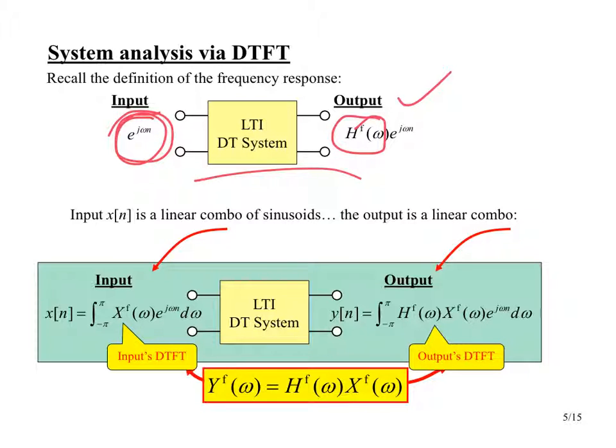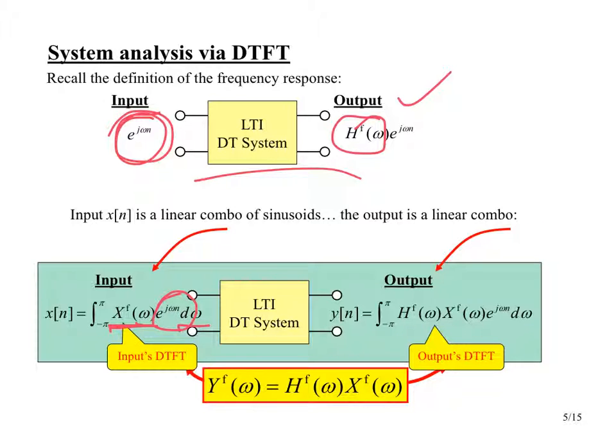And when we add up for all possible frequencies, we must add up over the continuum. So instead of summing up at specific discrete frequencies, we have to do an integral over the continuum. But it's really no different than just adding up a bunch of these things as functions of time for each individual frequency, and it's weighted by the input signal's DTFT.